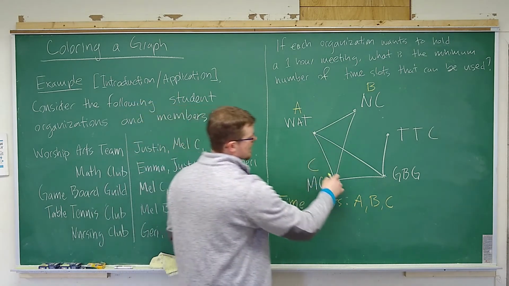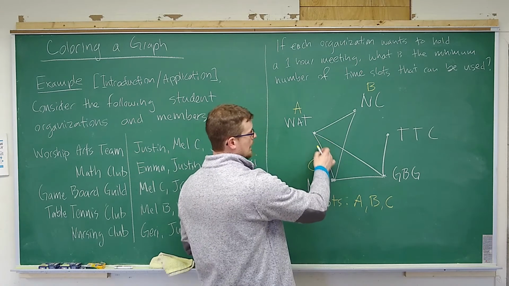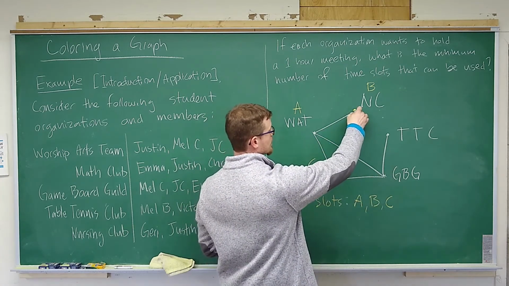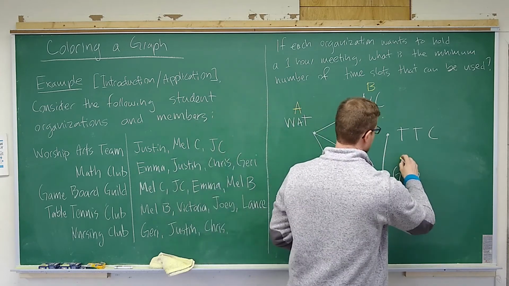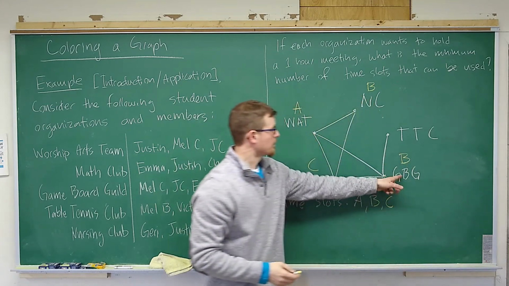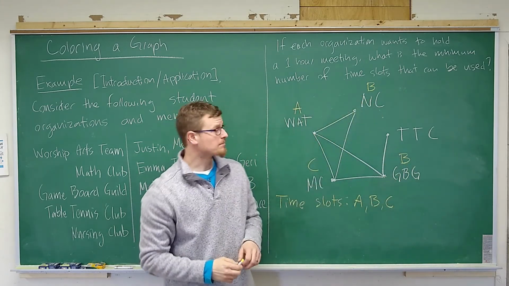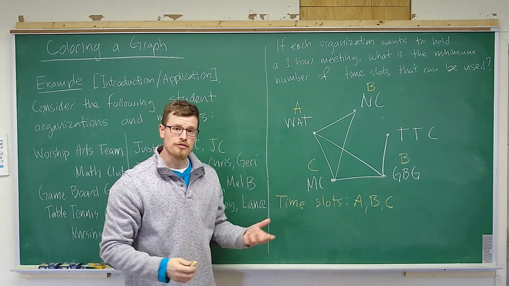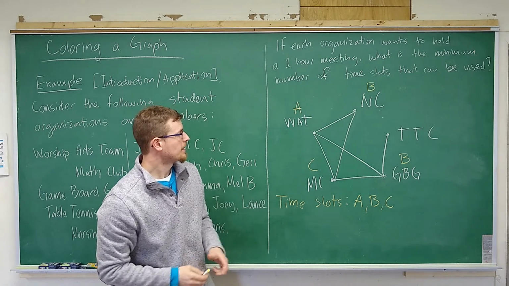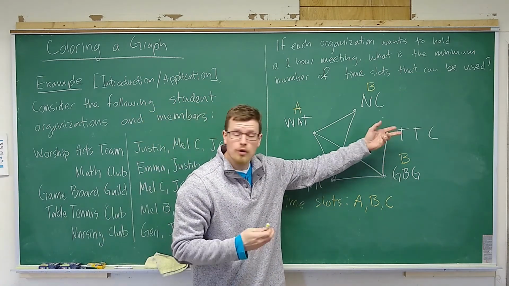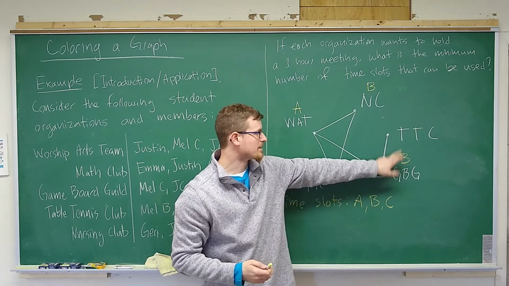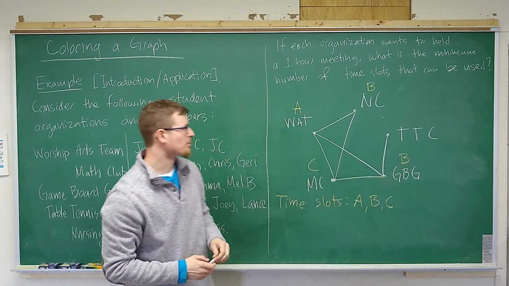We see another triangle here, and because this vertex is not adjacent to this vertex, we can actually assign that the same time slot. The game board guild can meet at the same time as the nursing club. And now for the table tennis club, their only restriction is that they can't meet during time slot B. They cannot meet the same time as the game board guild.